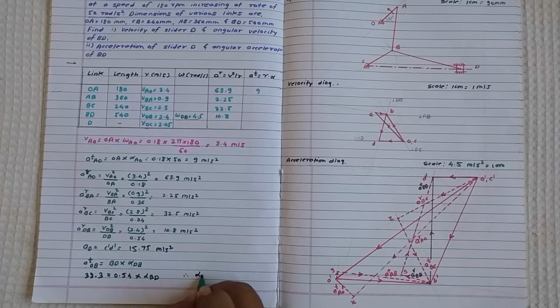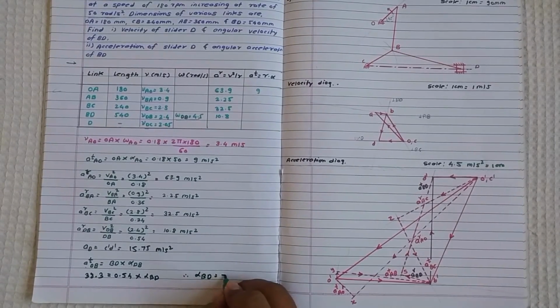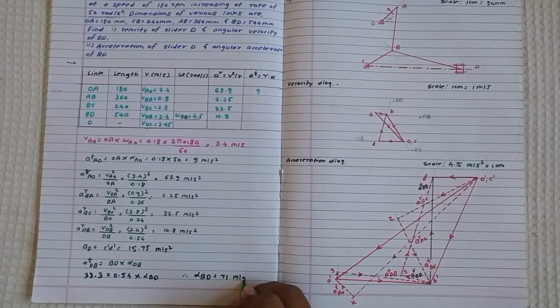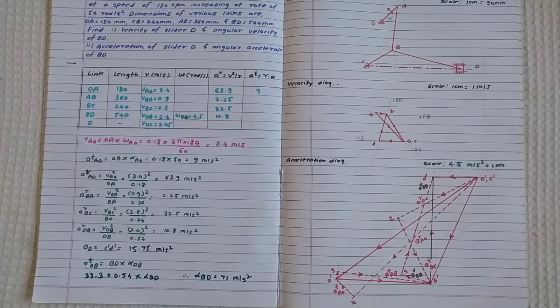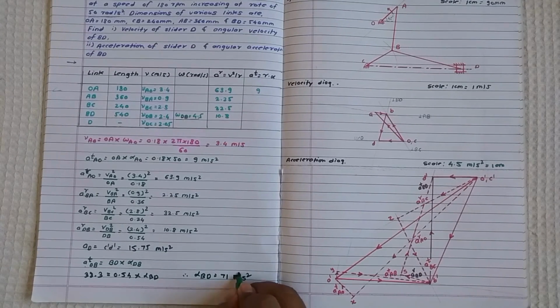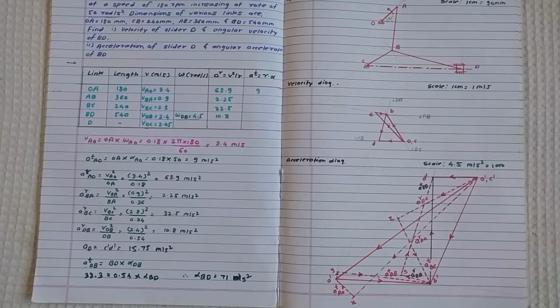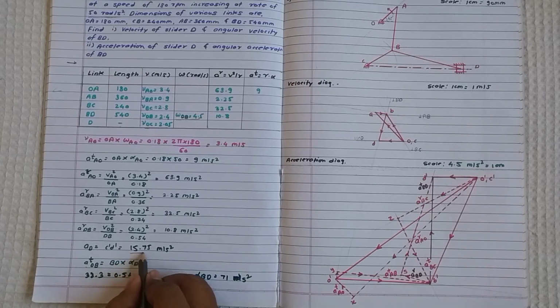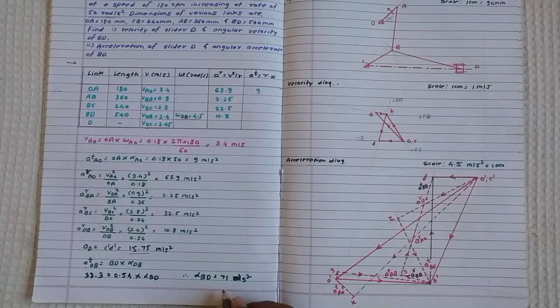Therefore alpha of BD will be 71 radian per second square. As it is angular acceleration, the unit will be radian per second square. So these are the answers: acceleration of D is 15.75 and angular acceleration of BD is 71 radian per second square.